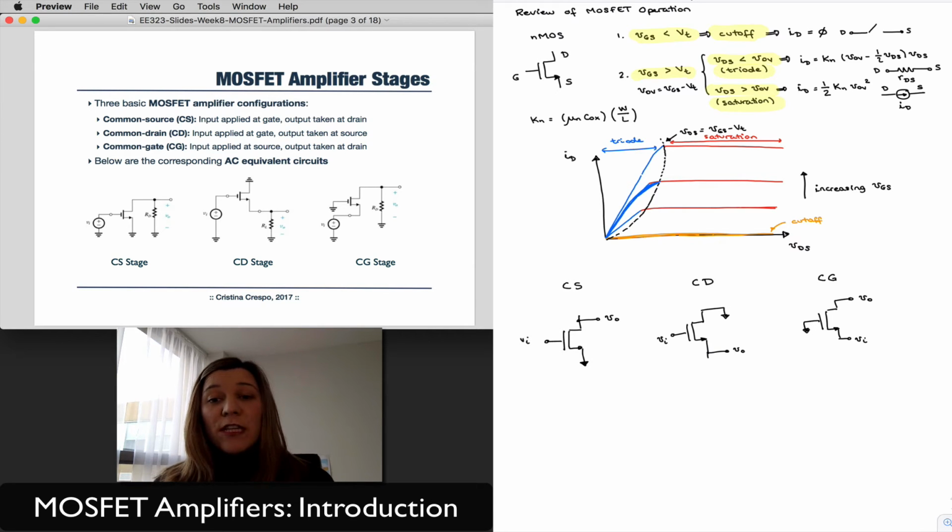These circuits, if you just connect them like this, obviously wouldn't work because they don't have any DC supplies, and so the transistors are not even biased in the right region of operation. But this is a good representation of the AC equivalent circuits for a common source, common drain, and common gate amplifier.